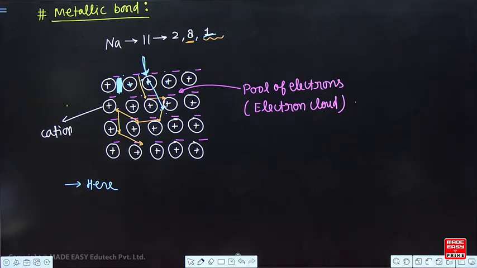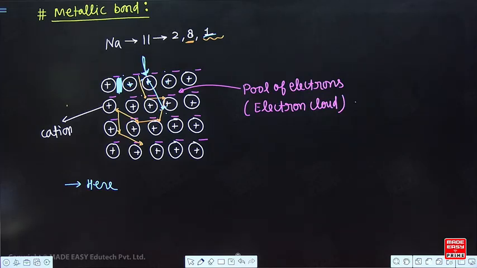In addition, this free electron cloud acts as a glue to hold the cations.